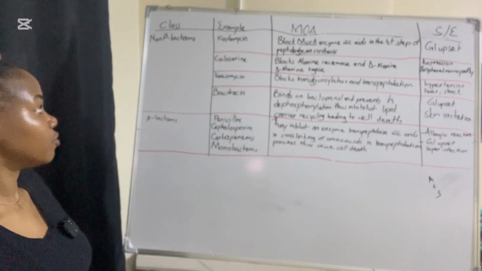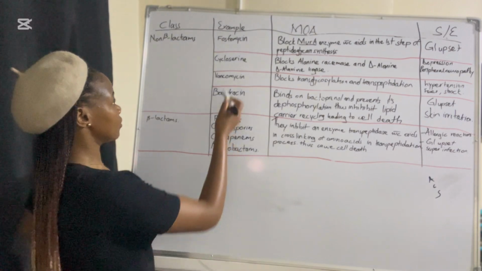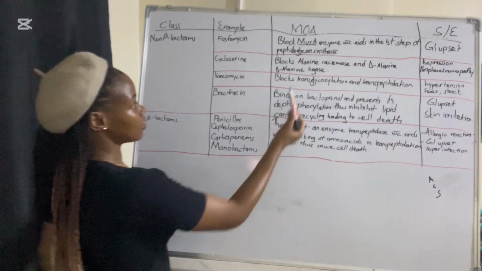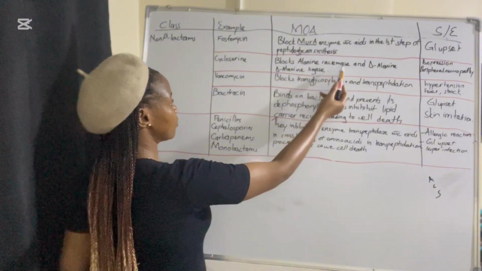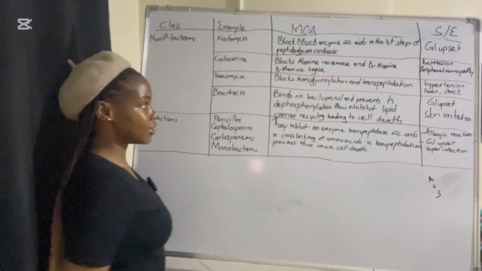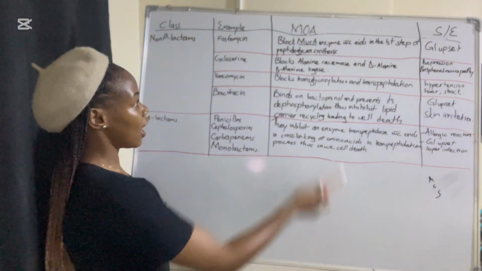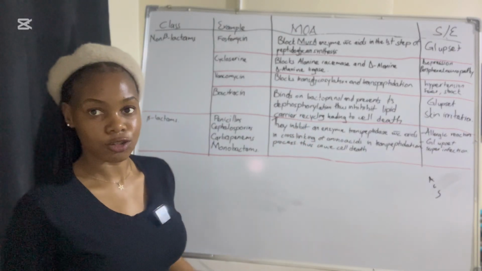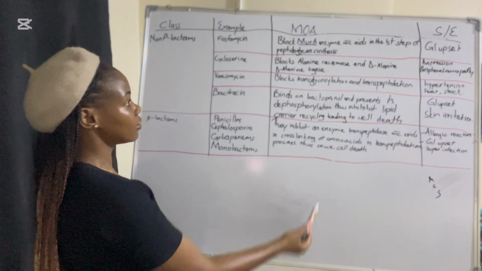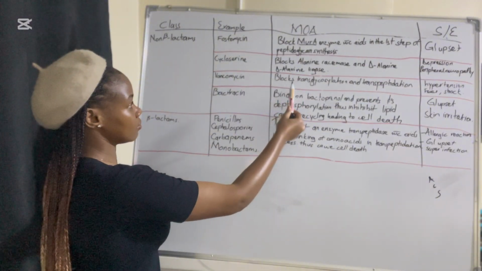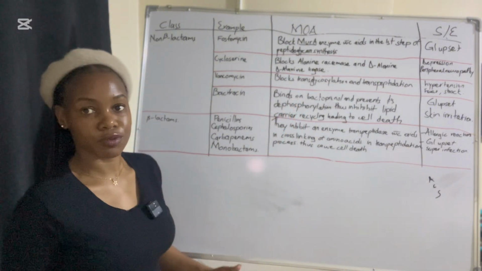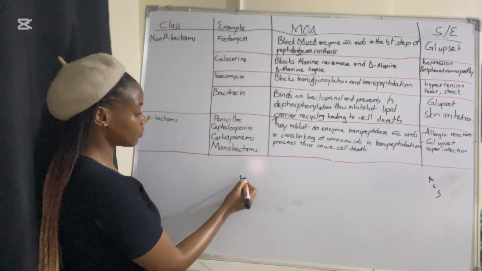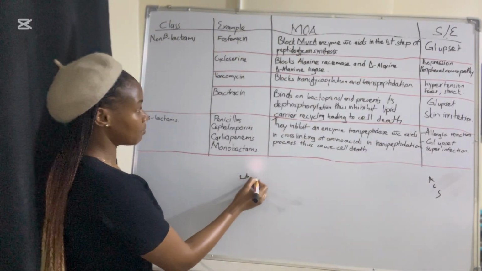Then our next drug is going to be cycloserine. Cycloserine is going to block the enzymes alanine racemase and D-alanine ligase. Remember, alanine racemase is the one responsible for converting L-alanine to D-alanine, while D-alanine ligase is the one responsible for joining the two D-alanine amino acids.